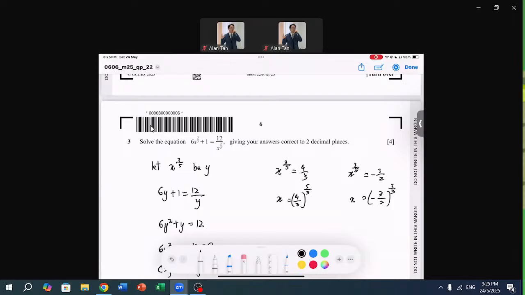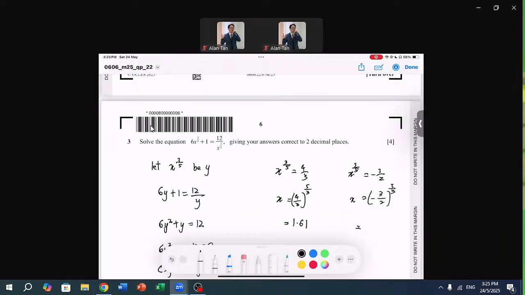Now, let's see the value. To make my own life easier, I'm going to use my calculator. x equals 4 over 3 to the power of 5 over 3 gives me 1.61, to 2 decimal places.